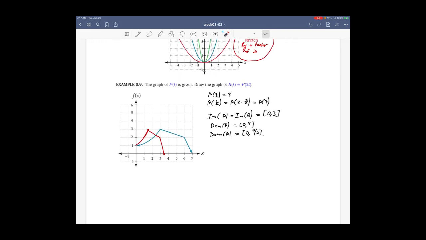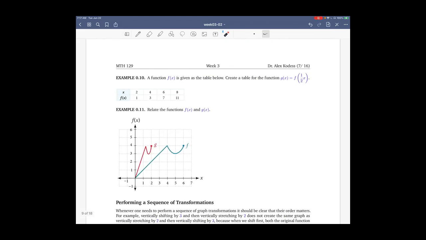All right, in the next example, we are working with a table. We are given the table corresponding to function f, and we need to produce the table corresponding to function f of half x. So this time we're slowing down f.